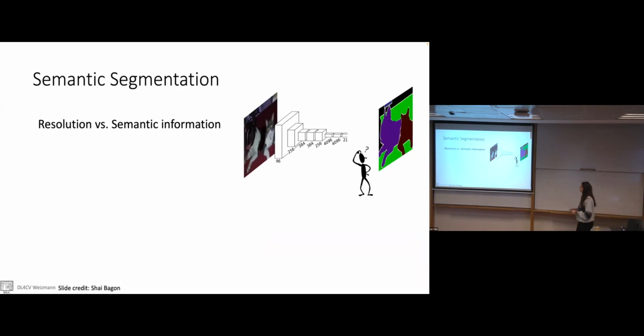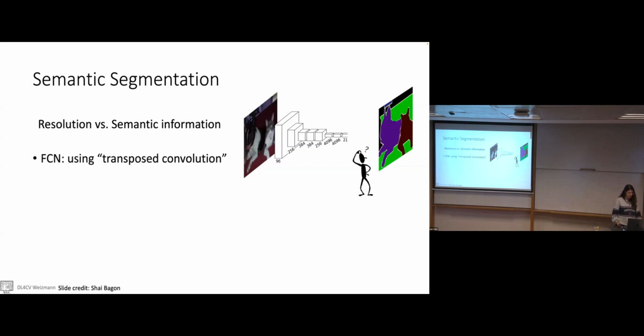Usually you take an input image and then you have this backbone, which consists of all of this semantic information from the bigger image, but eventually you want your output to be at the same resolution size as the input image. How can you go up, or stay at the same size, without losing the semantic information?